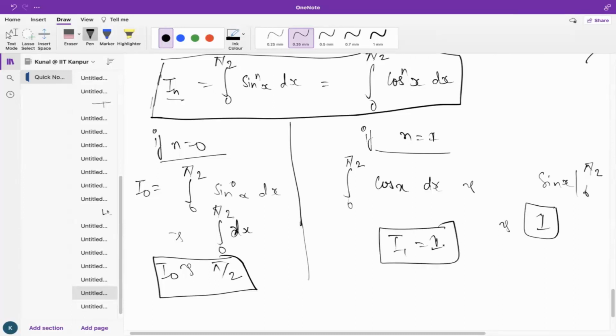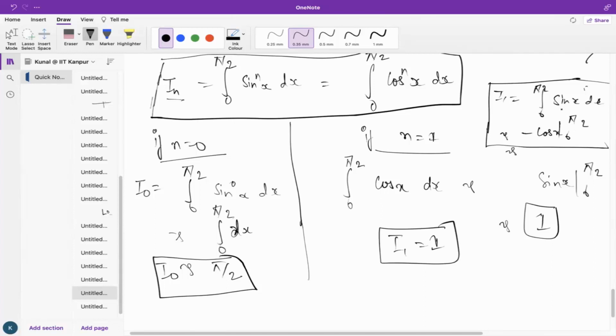You can also put in the sine term if you want. Let me put here for you. In both cases, we get the same value 1. If we put I_1 for 0 to pi by 2 for the sine term, we know its integration is minus of cos x. So minus cos x from 0 to pi by 2.